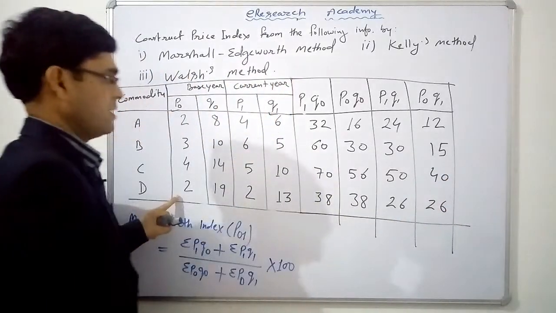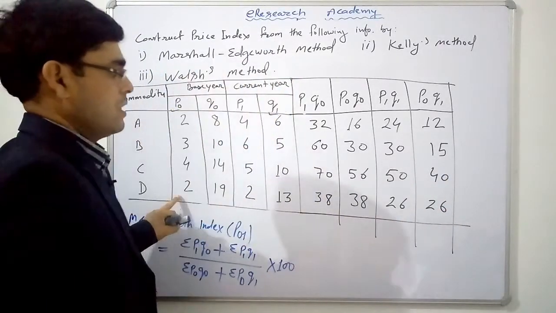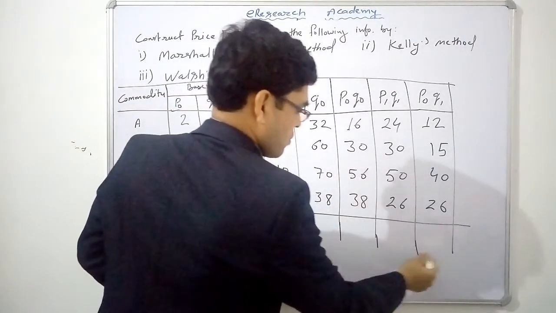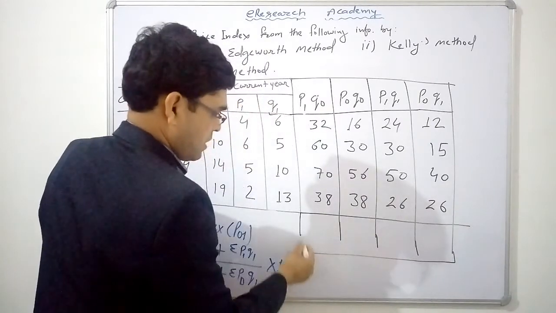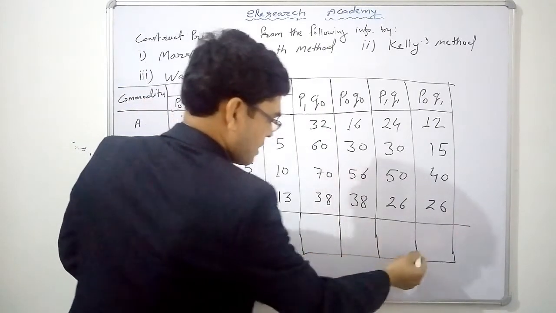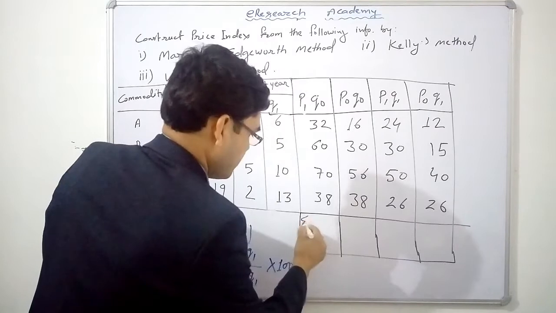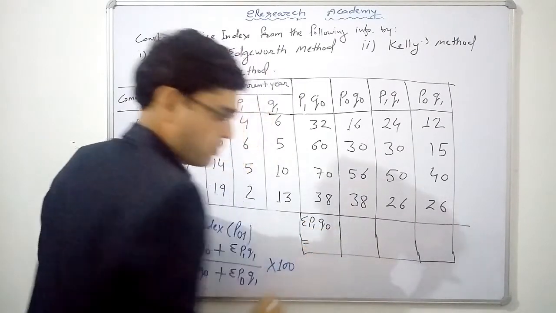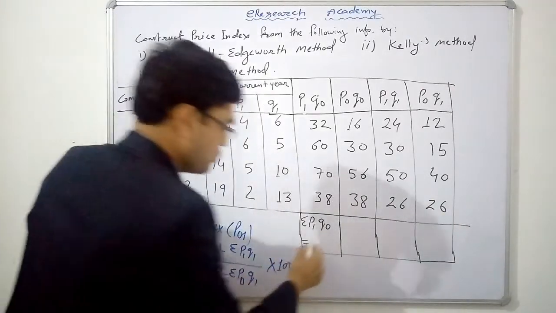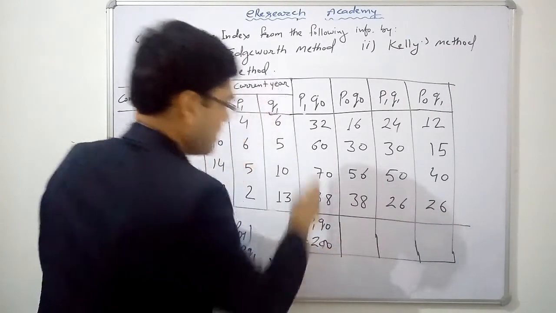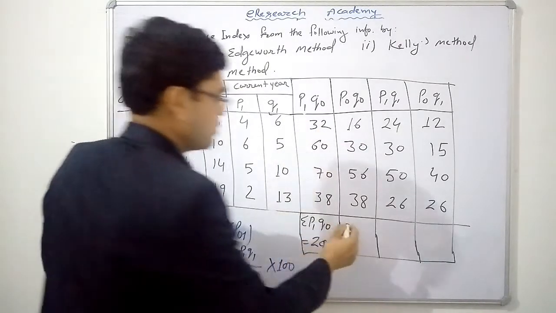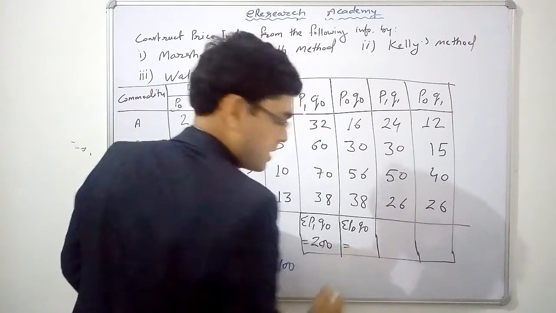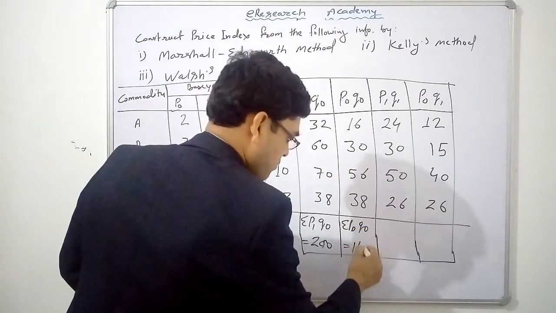Okay, so now we have all these four columns and we need to add them to get the sigma values. Summation of P1 Q0 gives us 200. Sigma P0 Q0 gives us 140.